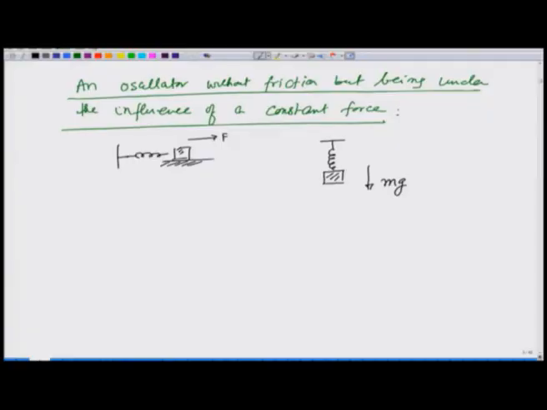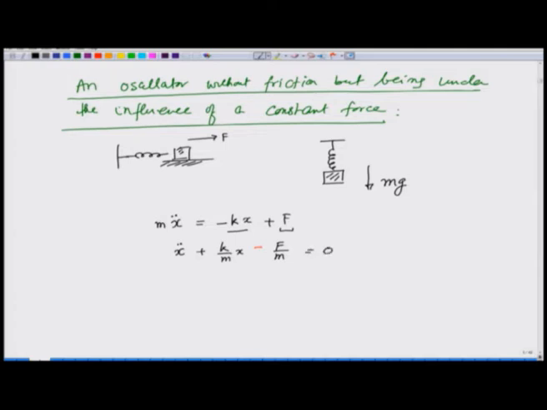So, let us now show it explicitly. So, if I have an oscillator which is under a constant applied force, the equation of motion is going to be this. So, minus kx is the restoring force due to the spring, and there is a constant applied force F. So, I am going to have x double dot plus k over m x minus F over m is equal to 0.